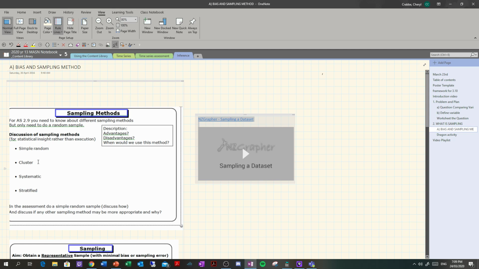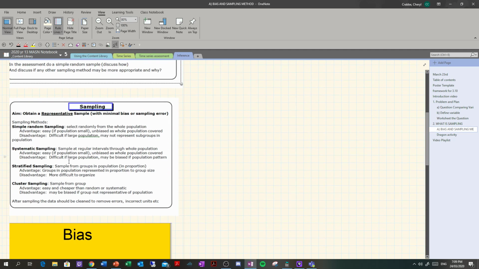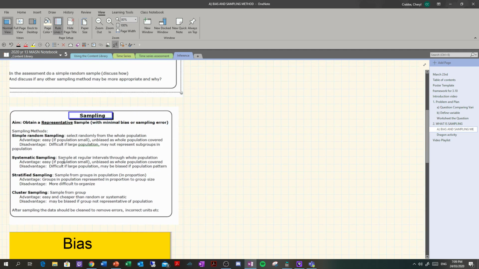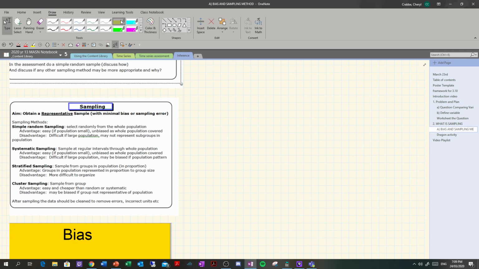There's other types of sampling techniques like cluster sampling, systematic, and stratified sampling. And down here in this little box, it gives you a summary of what that sampling method is about. And it's very, very important, this whole idea of representative.